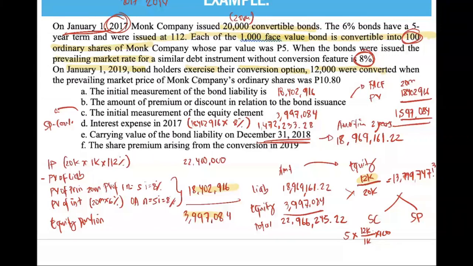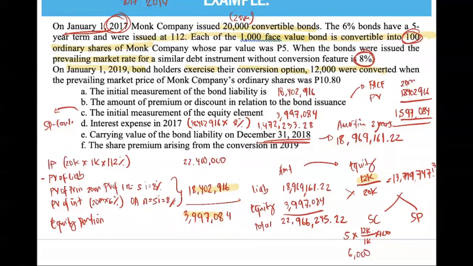So for each 1,000 face value bond, we have 100 ordinary shares with par value of 5. So 12,000 bonds divided by 1,000 times 100 shares is 1,200 shares times 5. The par value is only 6,000.